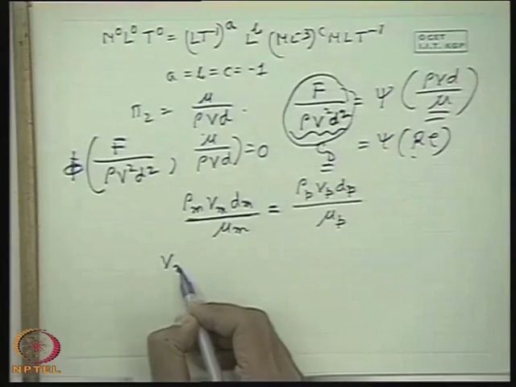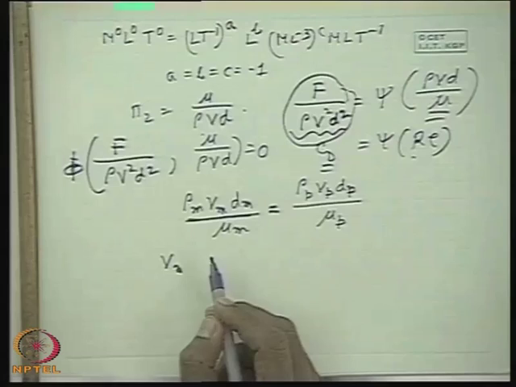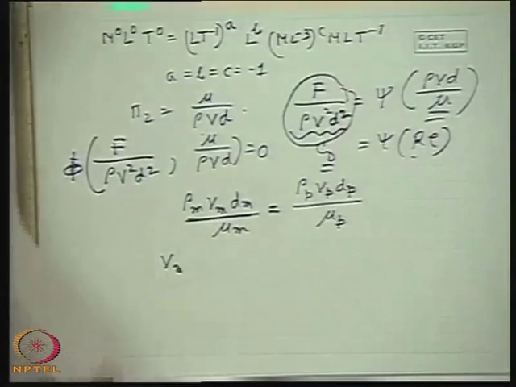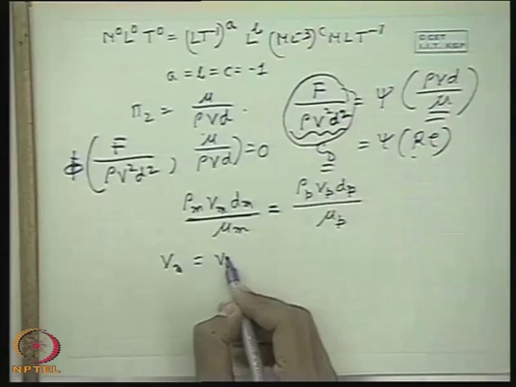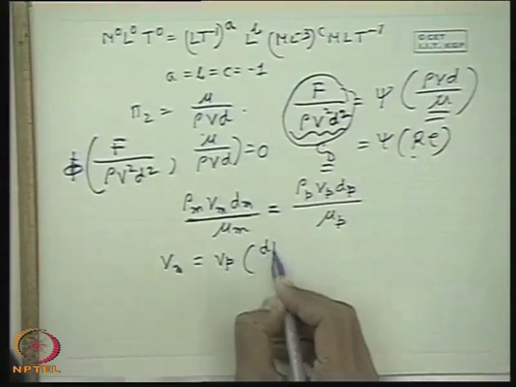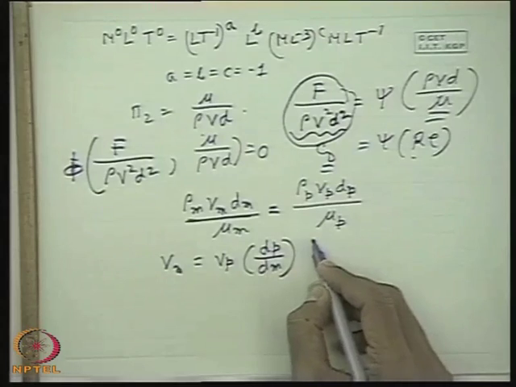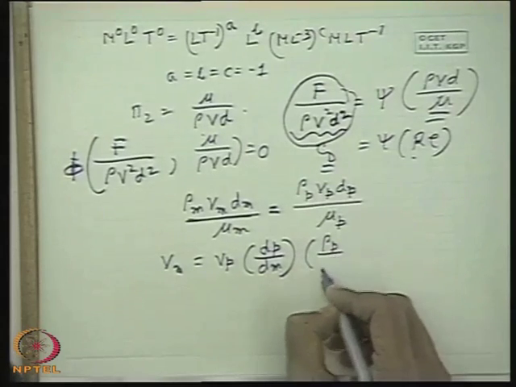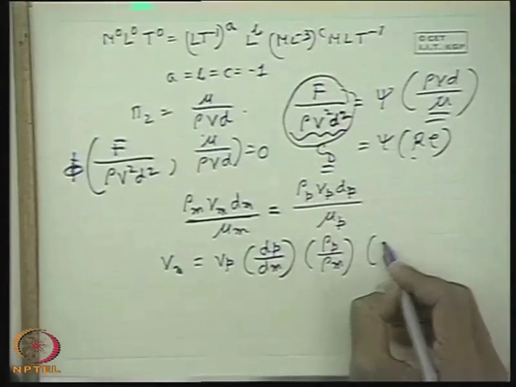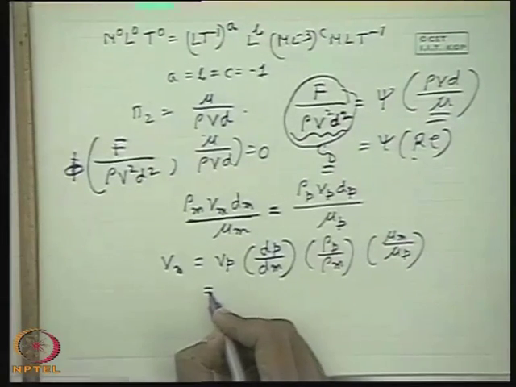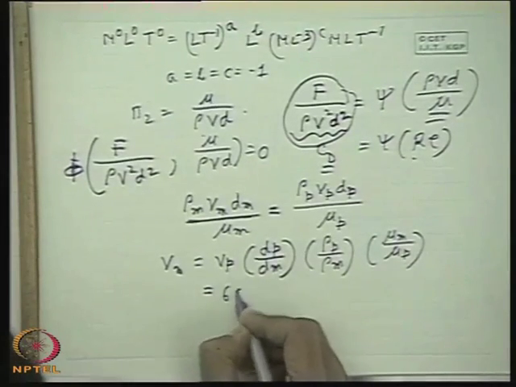That means we can write from here that Vm, the model speed, is equal to Vp, dp by dm into rho p by rho m into mu m by mu p. Vp is given, the actual velocity is 60.